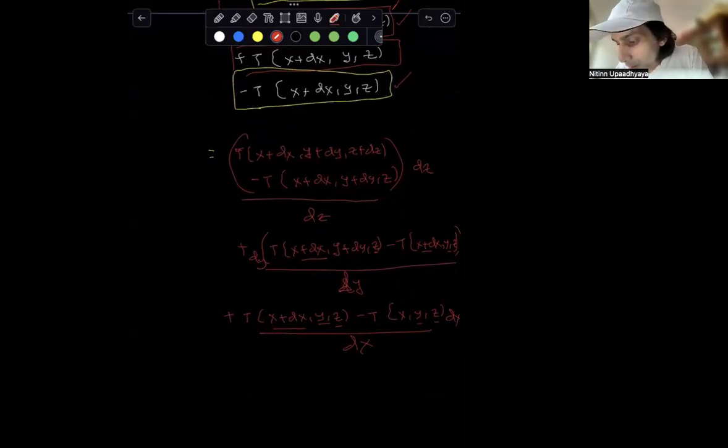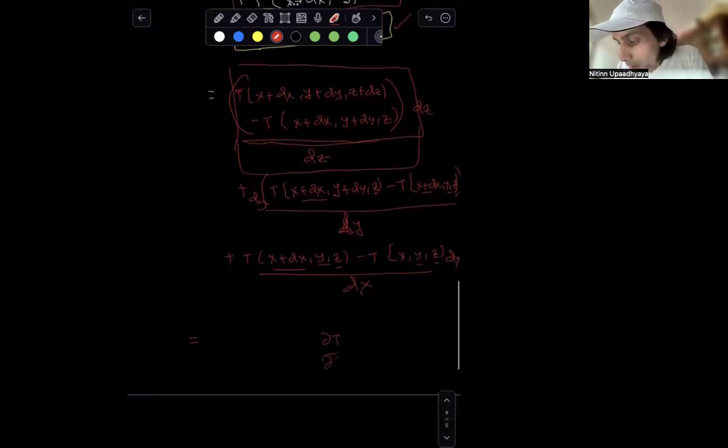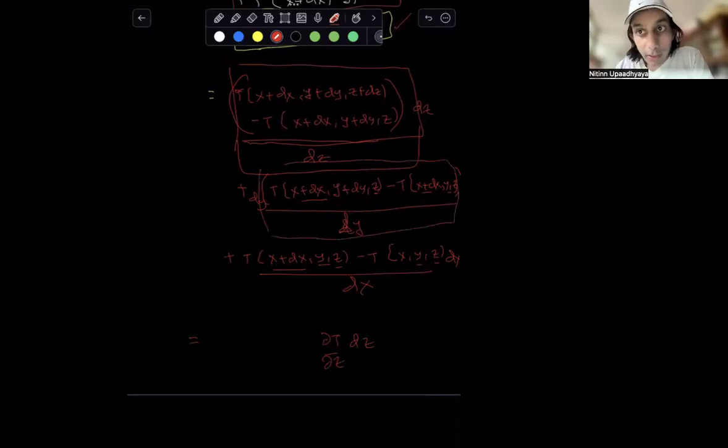So this particular combination will give me the partial of T with respect to z, times dz. That's the notation we introduced last time. Let's look at this combination. Here, y is changing. That's the only argument that's changing.